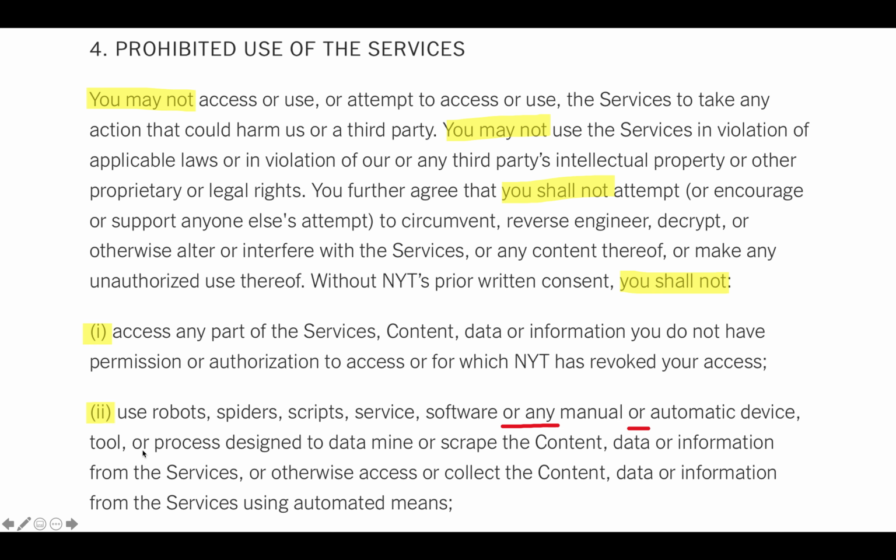But then you'll see there is a comma here before that word "or." So then I think that means this is a whole new phrase, "or process designed to data mine or scrape the content." Then another comma here, no comma before that, comma, no comma, comma and "or," no comma, no comma.